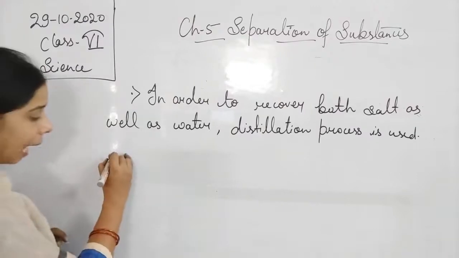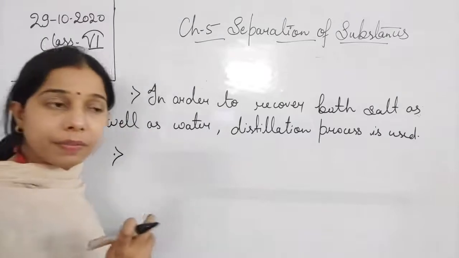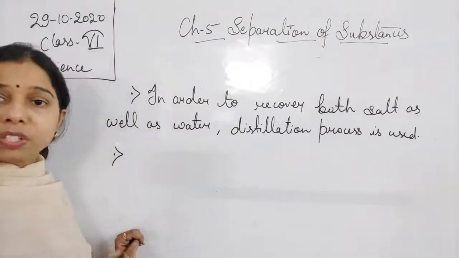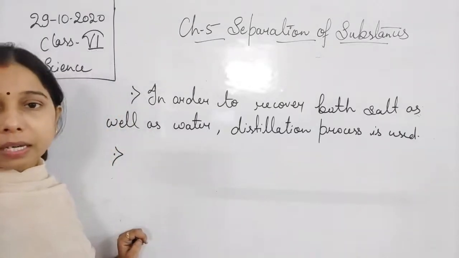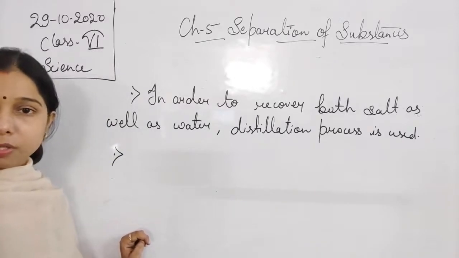So what basically happens in the process of distillation? At first we get the water vapor, which then goes through the process of condensation, and finally we obtain the water droplets.